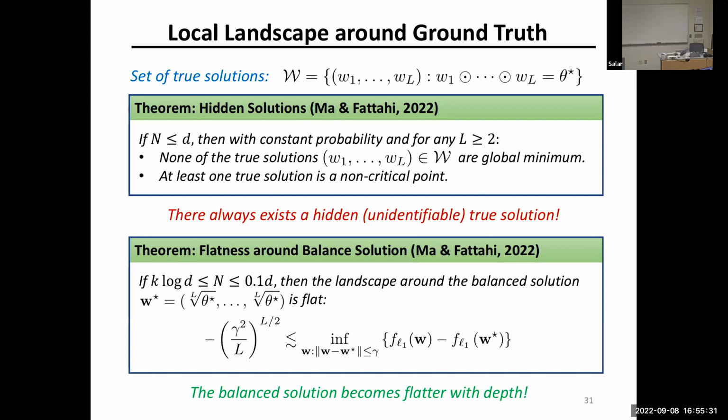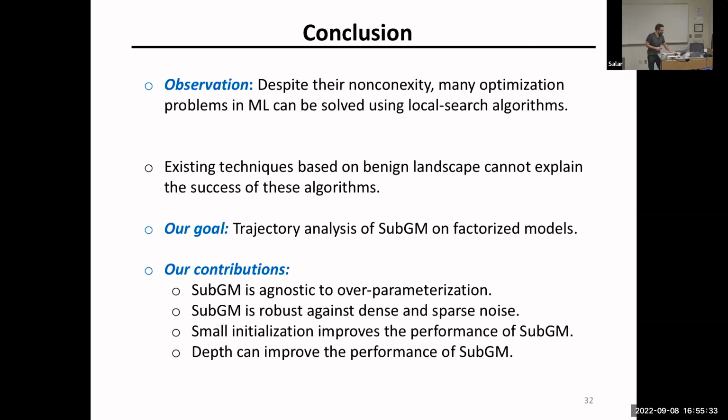Now, that is the end of my talk. To conclude, we mentioned that despite their non-convexity, many optimization problems in machine learning can be solved using local search algorithms, and that was the main motivation behind this talk. But we also mentioned the main shortcoming of the existing techniques to analyze these optimization problems.